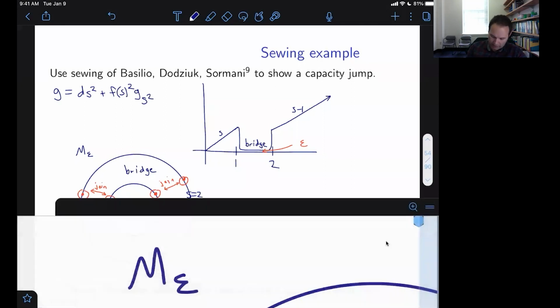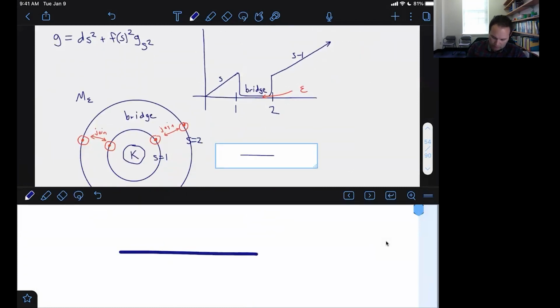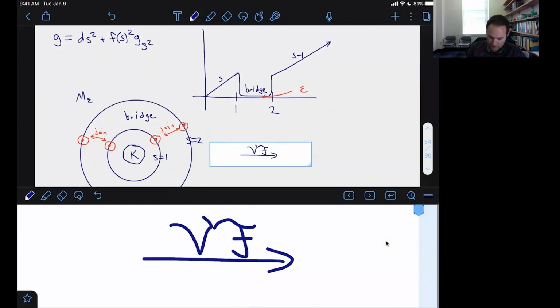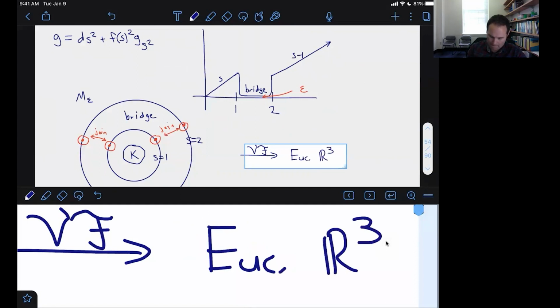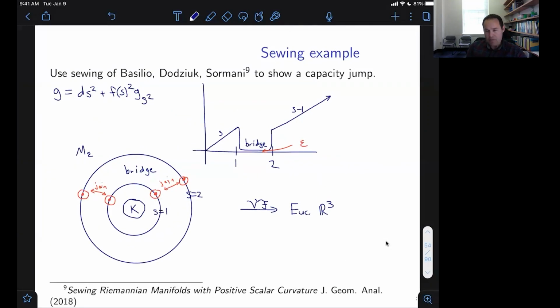So this should actually converge in the intrinsic flat, in fact, the volume preserving intrinsic flat sense, to just Euclidean R3. Okay. So you have to be a little bit careful to make sure you still want the capacity to go to 0.